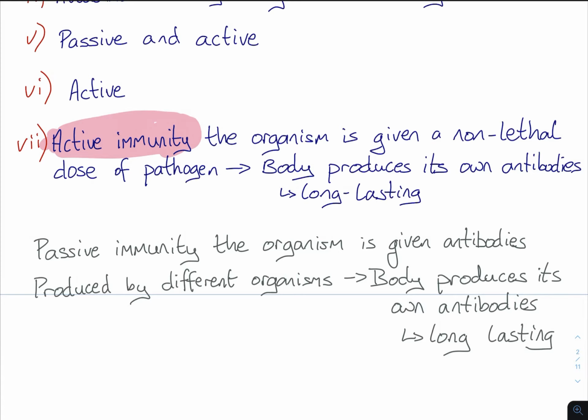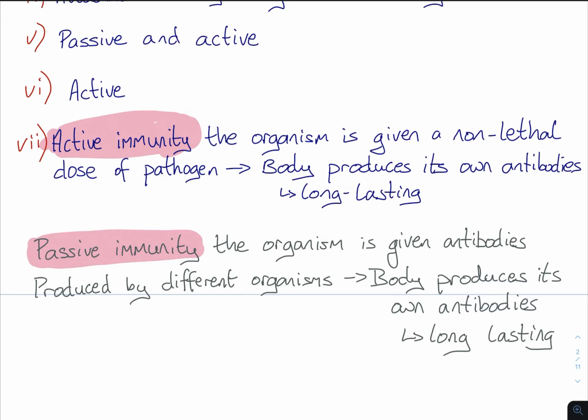Now, if it was passive, this is where the person is given antibodies made by a different organism. The body then, someone seems to have copied this across incorrectly.